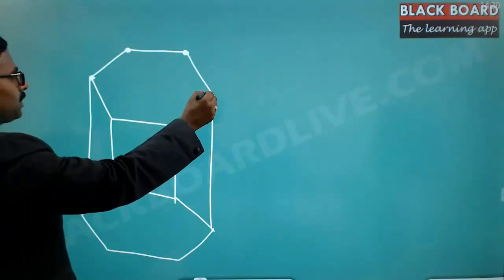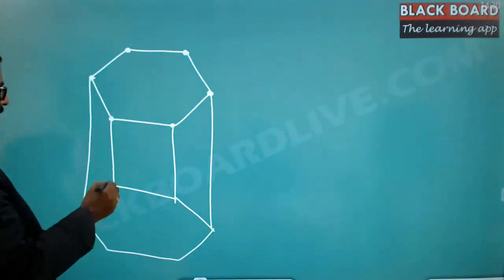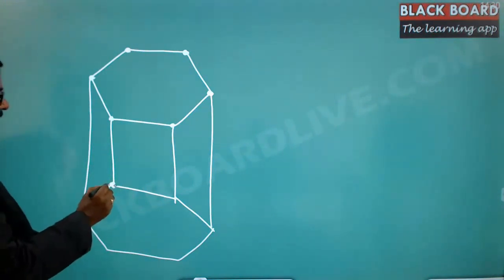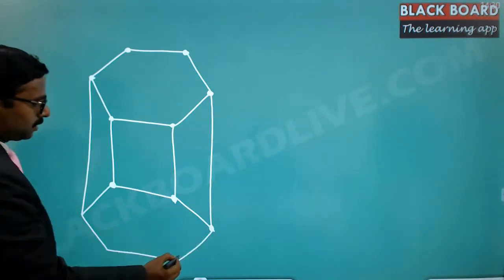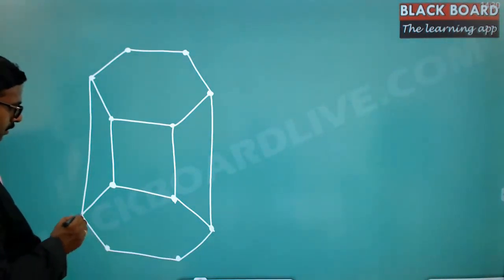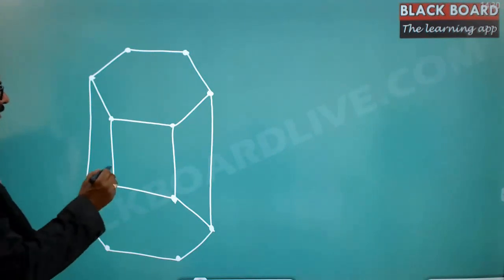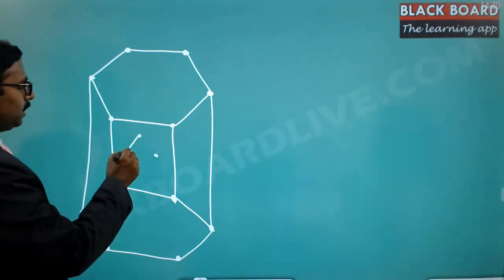These are corner points. Corner. It is also corner. It is also corner. There exist 3 points in the interior.